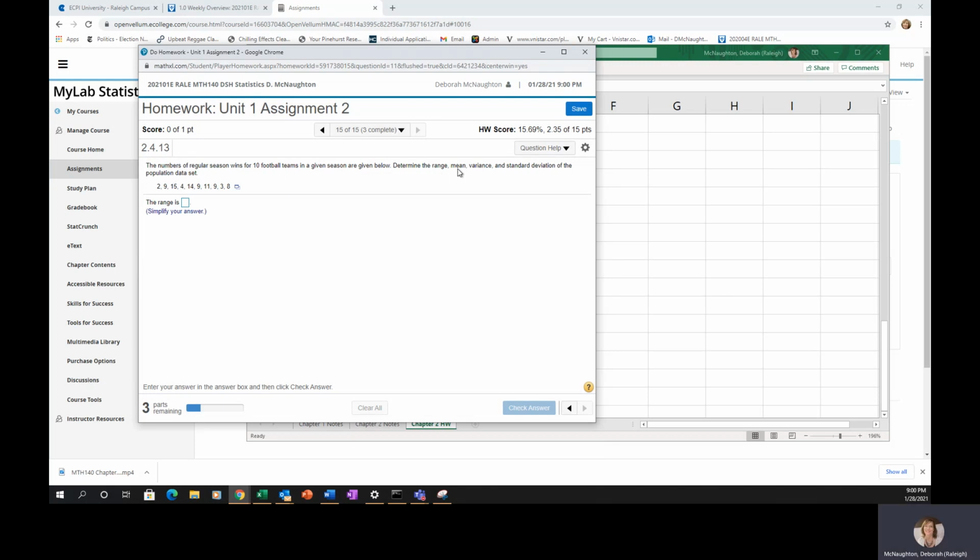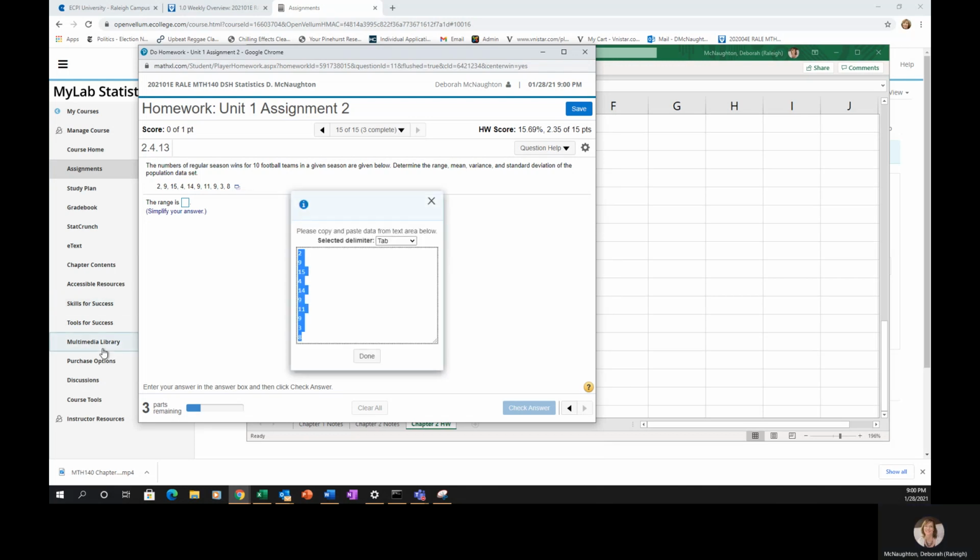Okay, here we're going to do the range, the mean, the variance, and the standard deviation. All right, so let's grab this data. So this is the data for number 15.